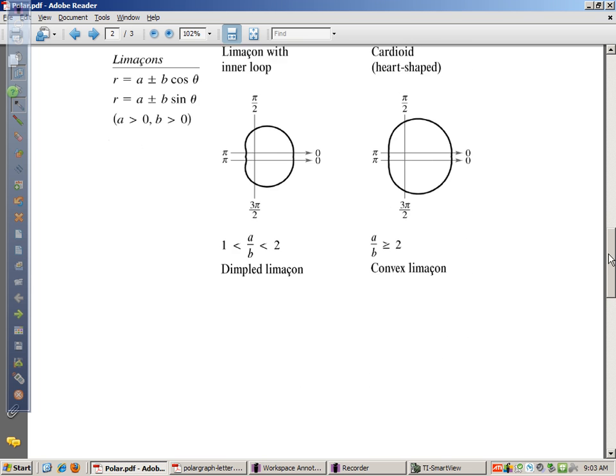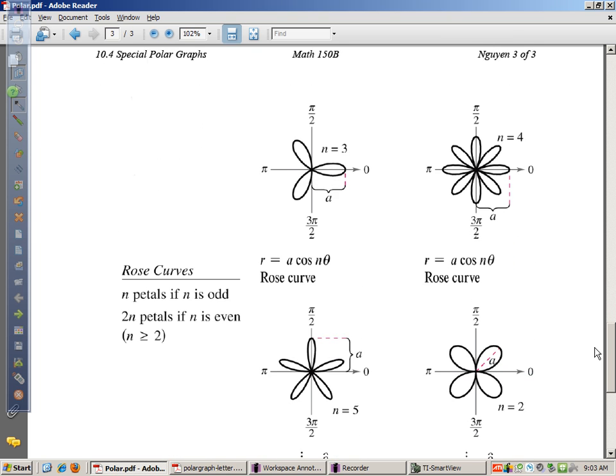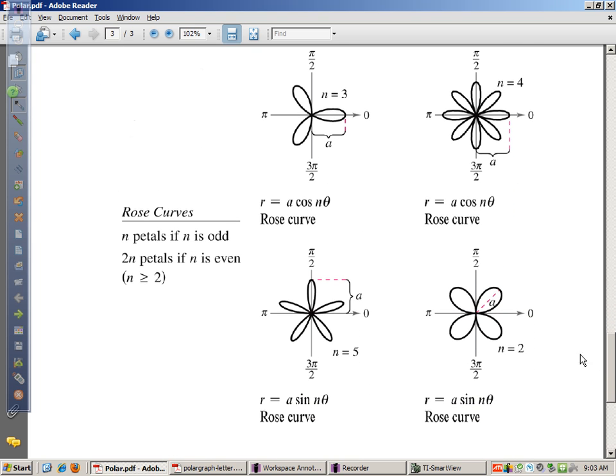Oh, and then we still have the rose curves. The rose curves are just going to be sine or cosine of some multiple of theta. We did 2 theta and we did 4 theta. If n is odd, if the number we're multiplying in front of theta is odd, we get that number of petals.